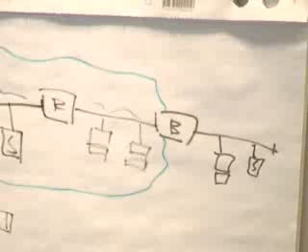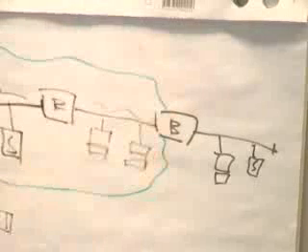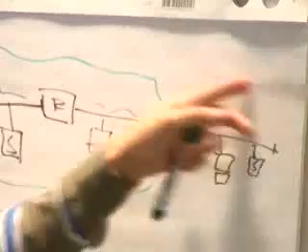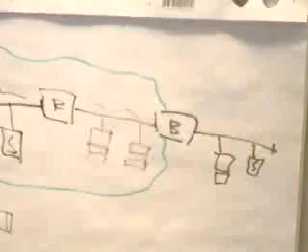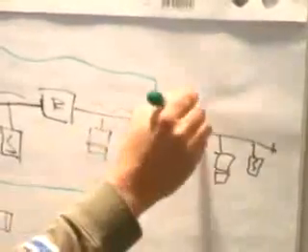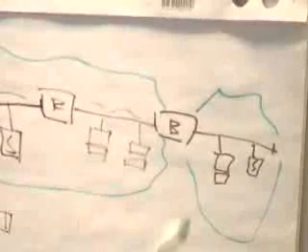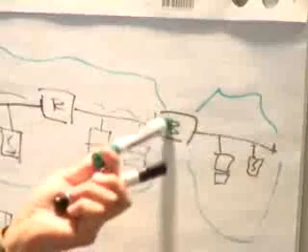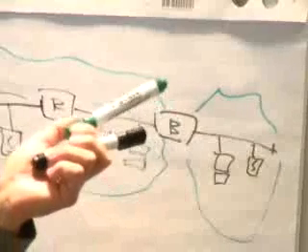And also, I got buffers. So if I'm sending data from here to here, no one's sending data on this collision domain because there's another collision domain on this side. If no one is sending data on this collision domain, I can send data. So I'll send it to this server. It will go to the bridge, and the bridge will buffer it.